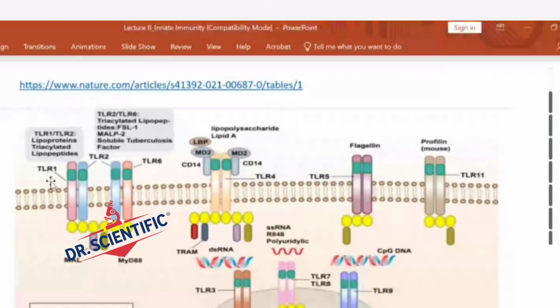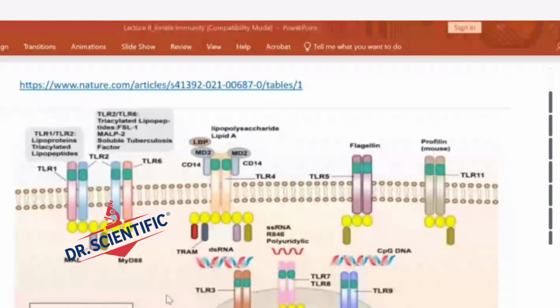So, for instance, we're able to see TLR, TLR, TLR. I talked about TLRs last time in class. Can somebody remind us what TLR stands for? If you were taking notes in the previous class, I talked about TLR. Toll-like receptors.